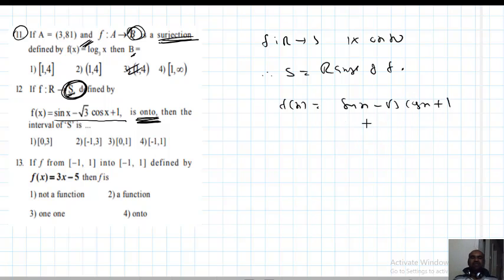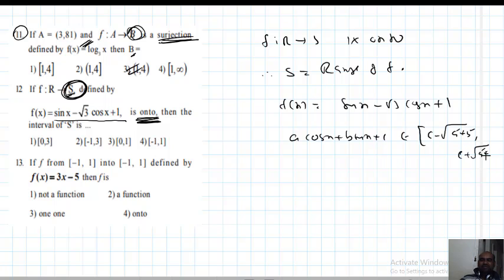Range of this, already you know the minimum value and maximum value from trigonometry. So a cos x plus b sin x plus c belongs to, minimum is c minus root over a square plus b square, maximum is c plus root over a square plus b square.